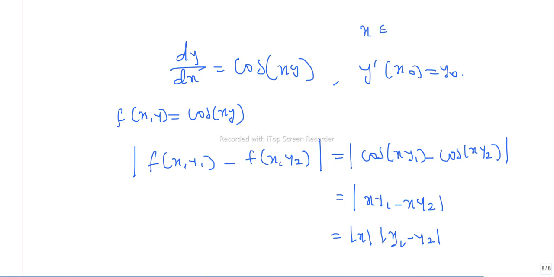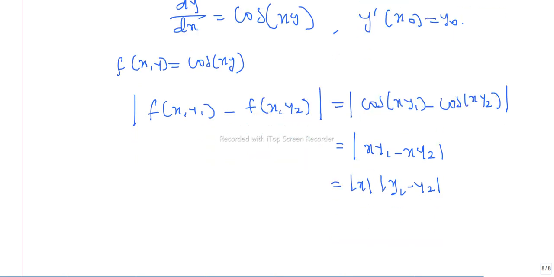If you take the closed interval [a, b], then |x| is less than or equal to the maximum of |a| and |b|, depending on the interval. So this is less than or equal to c times |y1 - y2|, where c is |b|. Therefore f is a Lipschitz function in the second variable, and by Picard's theorem this equation has a unique solution.